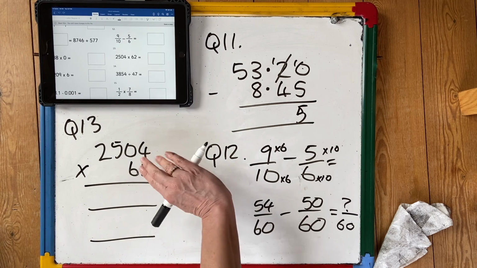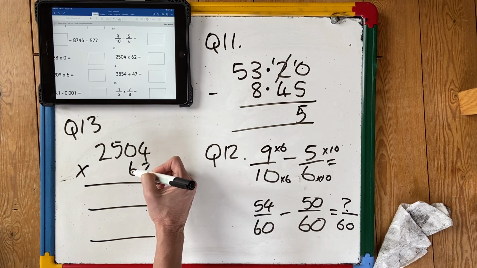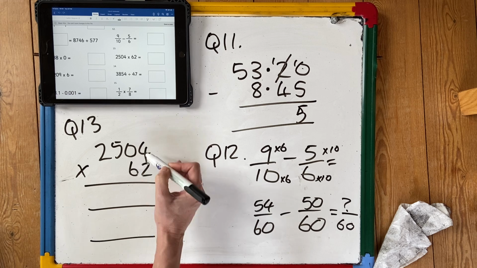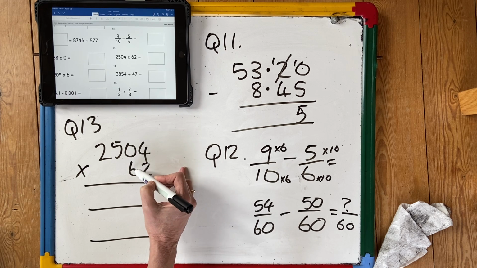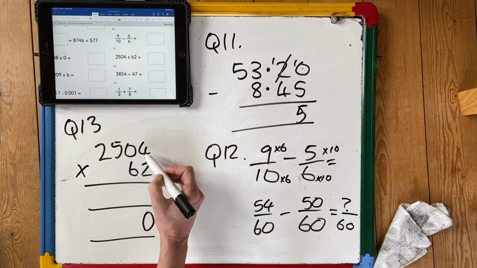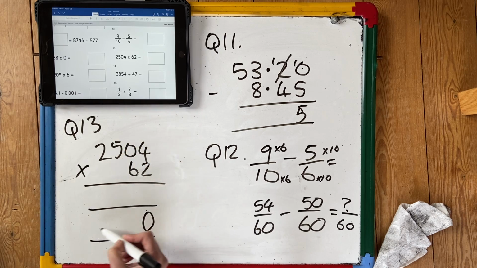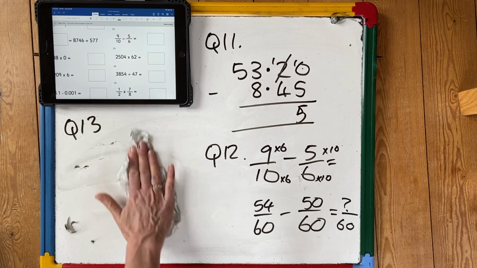Then cover up the 2, and then do 4 times 6, 0 times 6, 5 times 6, 2 times 6. But remembering that you're not actually multiplying it by 6, you're multiplying it by 60, which is why you need your 0 here. Then add them together.